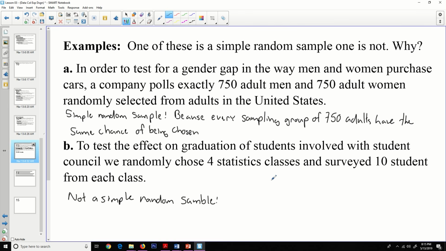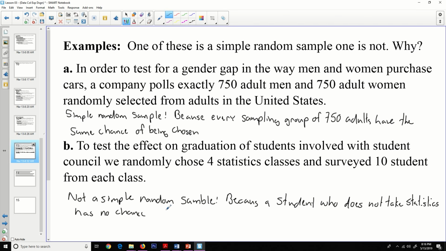The reason is that a student who does not take statistics has no chance of being selected.